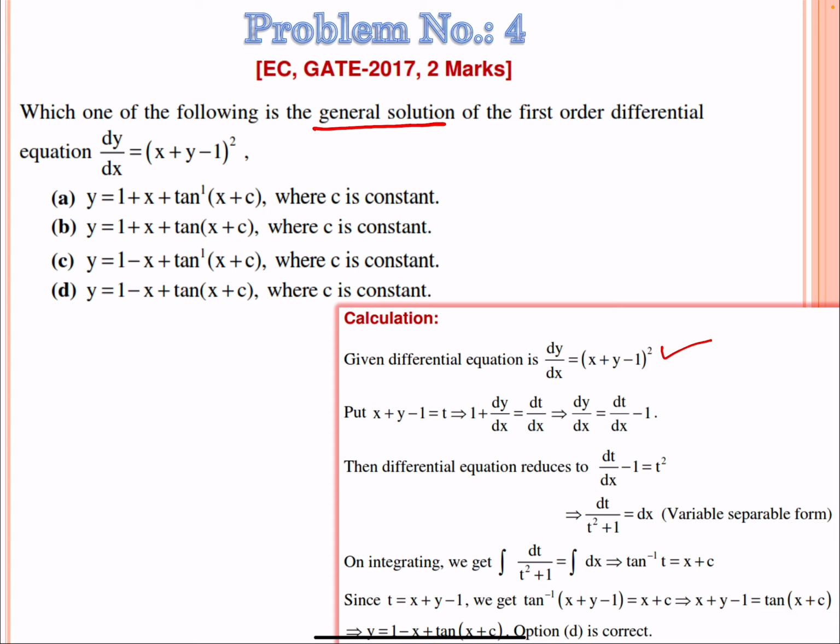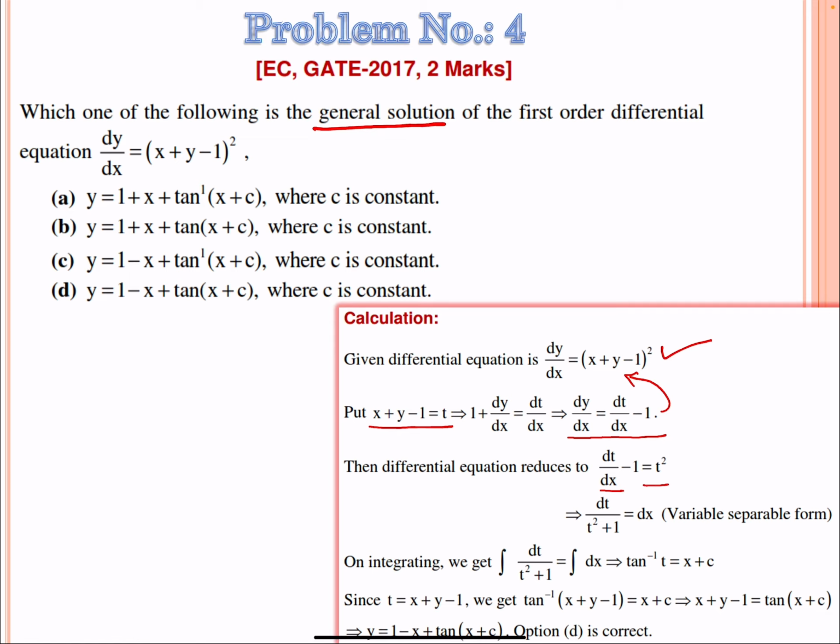Put x plus y minus 1 is equal to t, and then find the value of dy over dx is equal to dt over dx minus 1. Substitute all these values in the given equation. The differential equation reduces to dt over dx minus 1 is equal to t square. Now separate the variables, means x and dx on one side, t and dt on the other side.